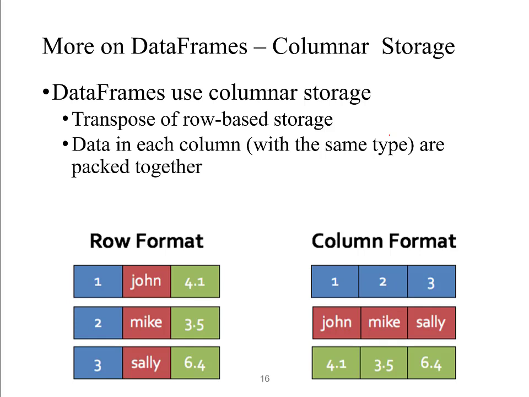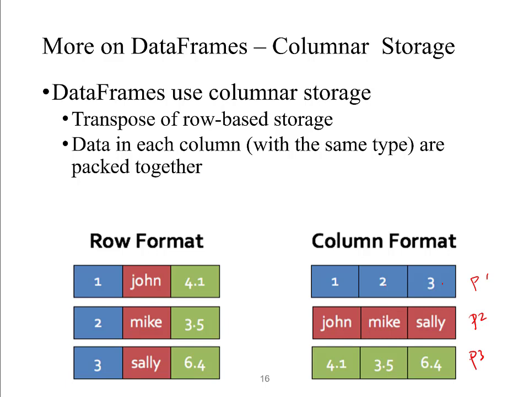And in data frames, it is different. We pack the data in each column together. For example, we pack 1, 2, 3 together, and Mike, John, Sally, and 4.1, 3.5, and 6.4. By together, I mean if we partition this into 3 partitions, then this would be the first partition, this would be the second, and this would be the third.